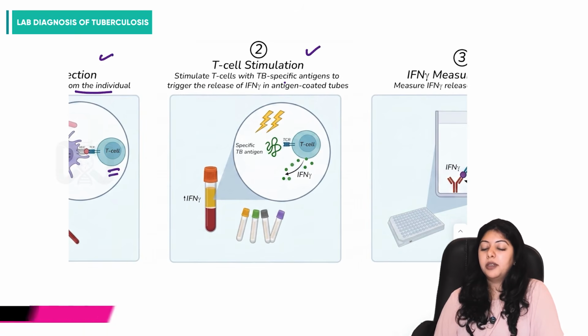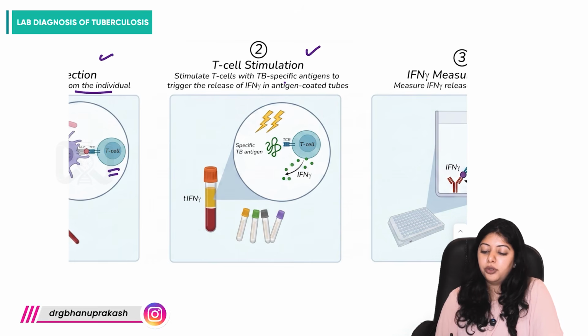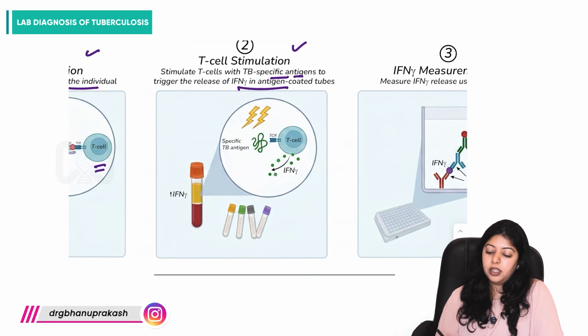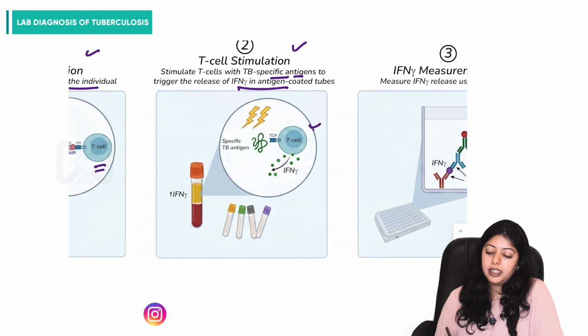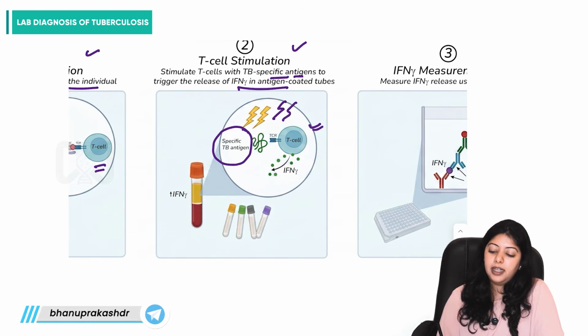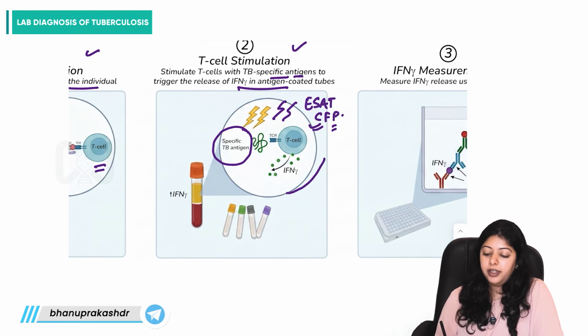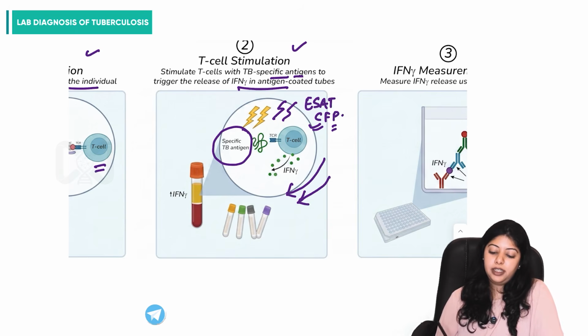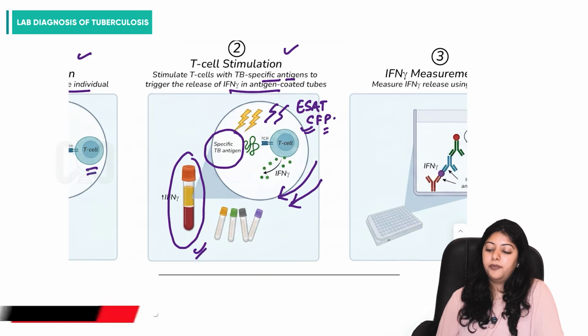So how are we stimulating it? Of course, we are going to use these TB specific antigens to trigger the release of interferon gamma. So suppose these are the sensitized T cells and we are going to expose them to these two antigens, ESAT and CFP. As a result, interferon gamma is released, which can be detected in the tube as well, right?